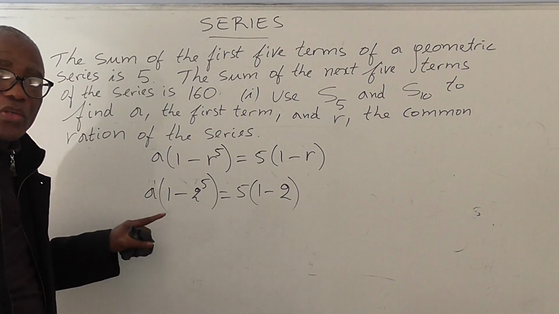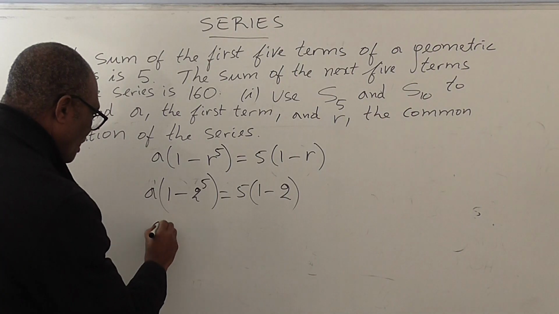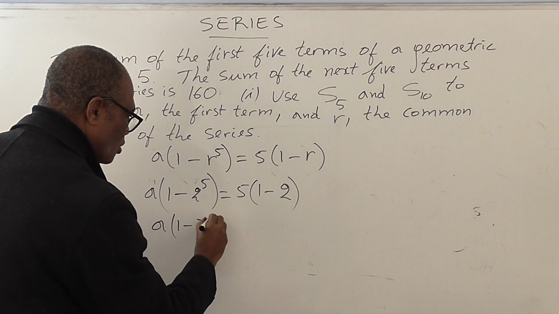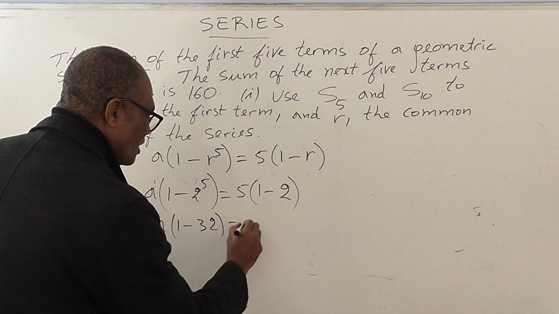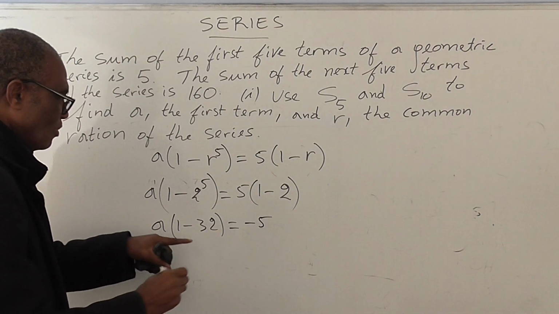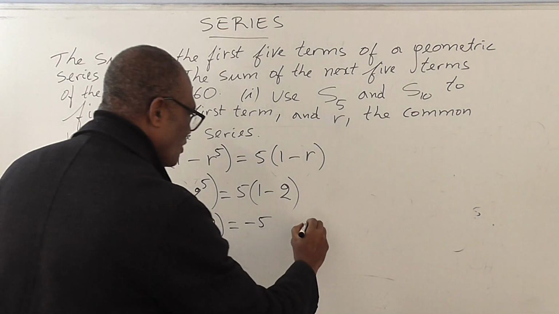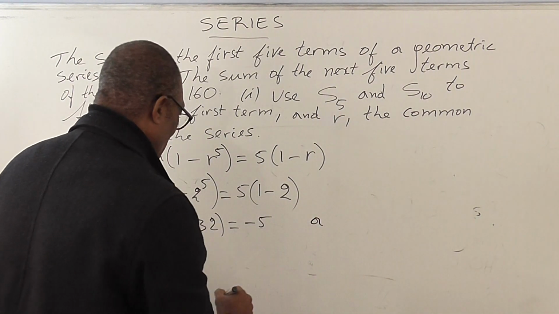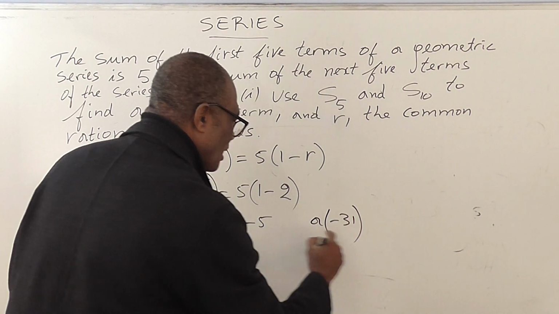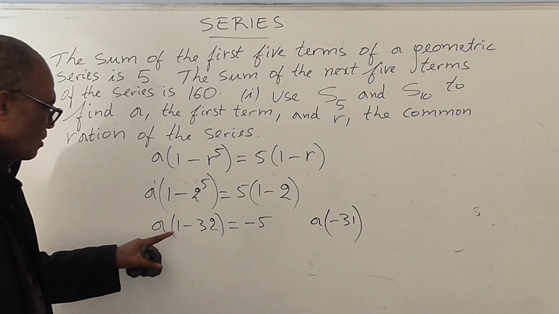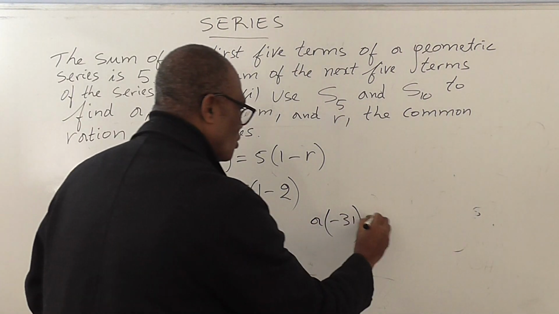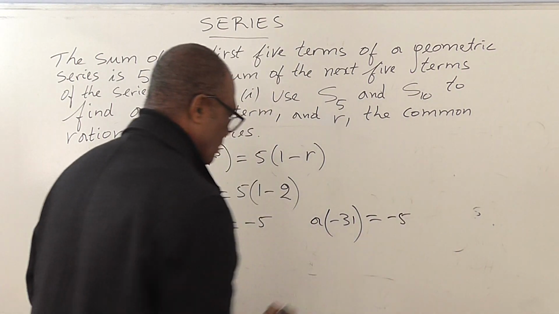So from here, what we get: A, 1 minus 32, and here we get minus 5. And then by multiplying this, you get A bracket minus 31 is equal to minus 5.